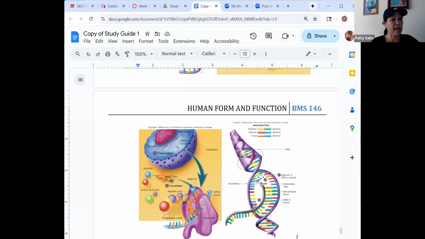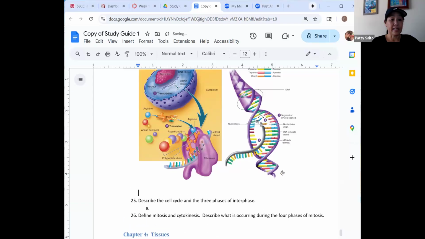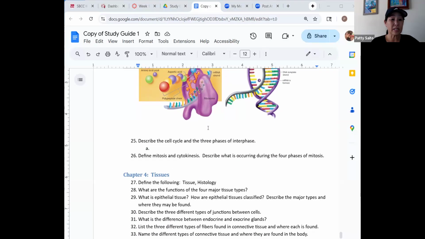All right, so it unwinds the gene we want, and then we make a little messenger RNA here. And then it's released. This winds back up, and it goes along its way. So, oh, and then maybe this might help to summarize this process.